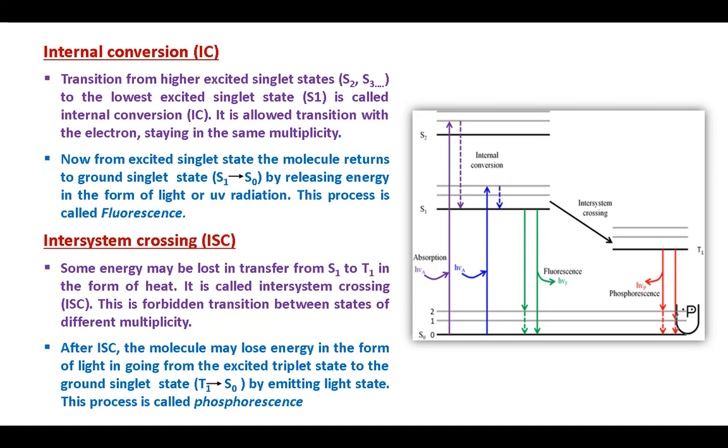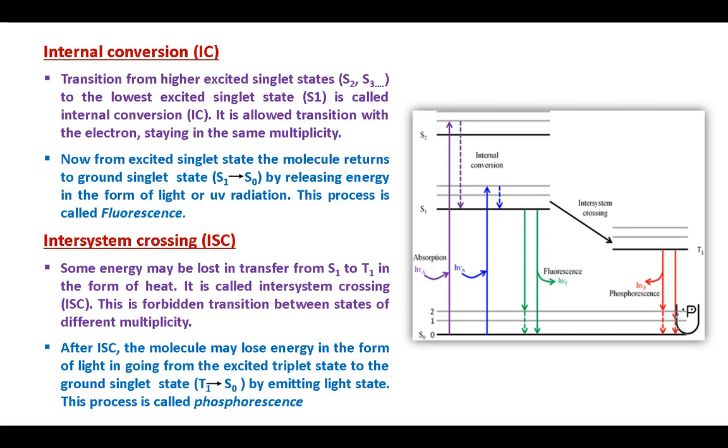Transition from higher excited singlet states, that is, S2, S3, to the lowest excited singlet state, S1, is called internal conversion, IC. This is an allowed transition, with the electron staying in the same multiplicity.